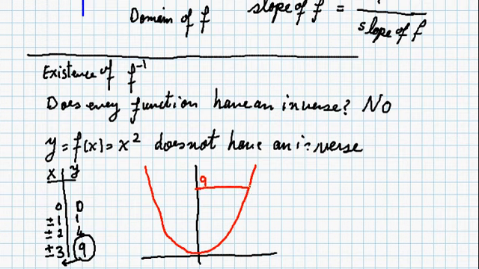You could go here and find that input is supposed to be 3 down here, but you could also go this way and find out that the input was minus 3 on this other side. So this horizontal line cuts the graph in 2 places, and that's responsible for giving you 2 possible answers, and that's where the difficulty is. So this brings us to horizontal line test.